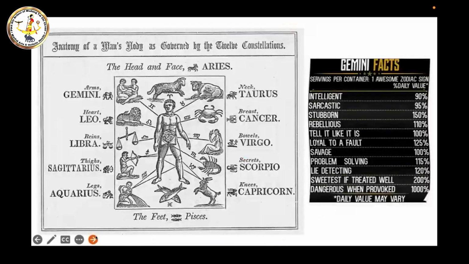From a constellation point of view, they kind of miss it, but we do say head. They say head for Aries, Gemini is going down into the arms, Taurus is the neck. So we've missed out the shoulder. You could say it is between Gemini and Taurus as a constellation.